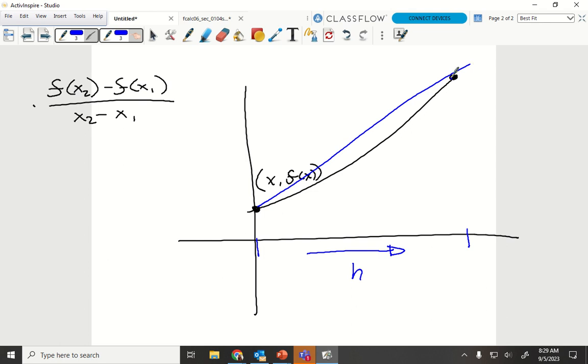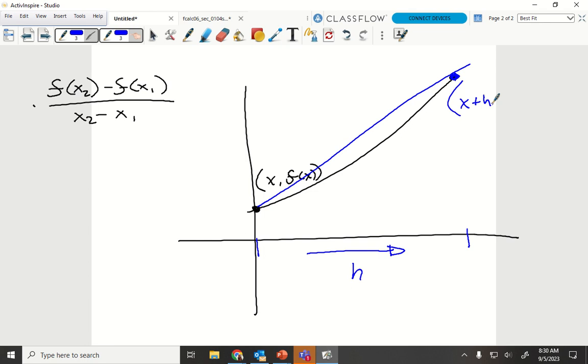From here to here, I'm adding an h. So what do you think the coordinate right here is going to be? You use the information given to you. If we're starting here at x, think super basic. How about x plus h?